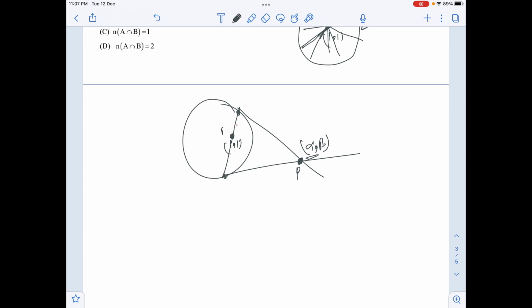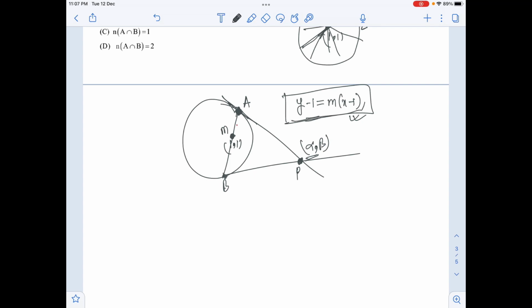Again, one method will be you take a random slope M of this chord and write the equation y minus 1 is m times x minus 1. Solve this chord with the circle, and get these points, let's call them A and B, in terms of slope M. Then write the equation of tangent at point A on the circle.